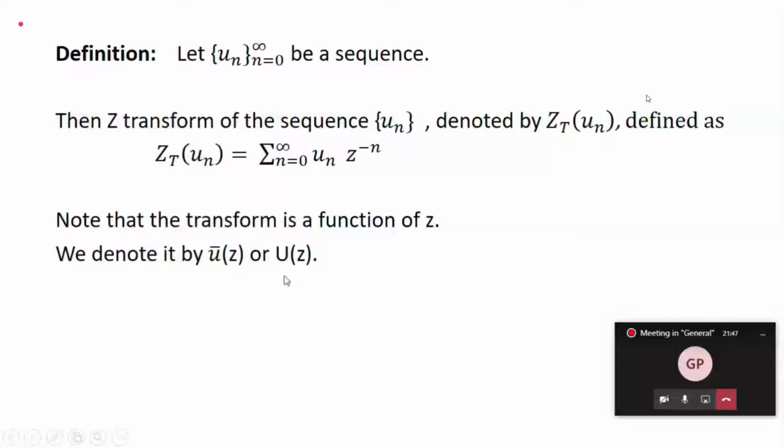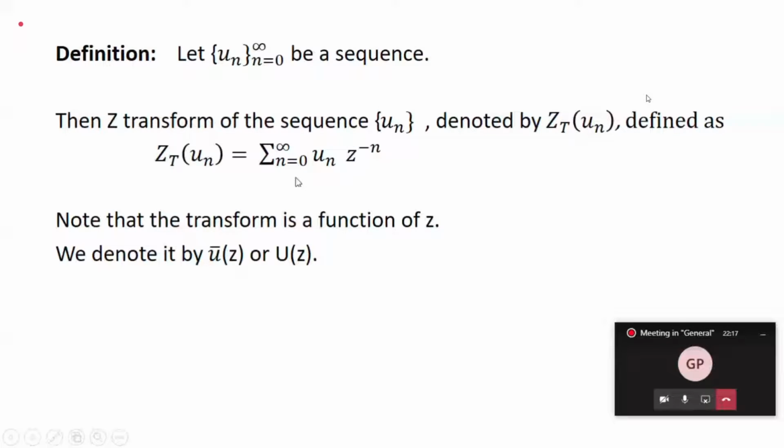So kindly note down the definition of the Z transform. The transform of u n is summation u n z power minus n, where n varies from 0 to infinity. Are you done?